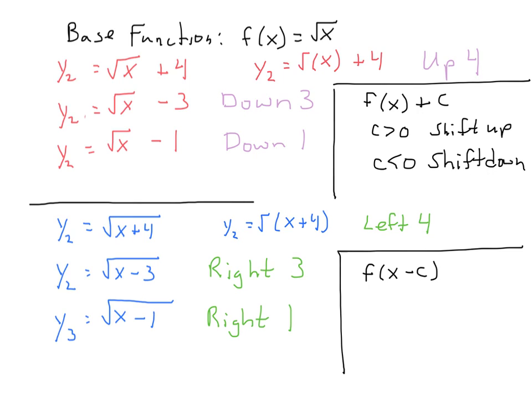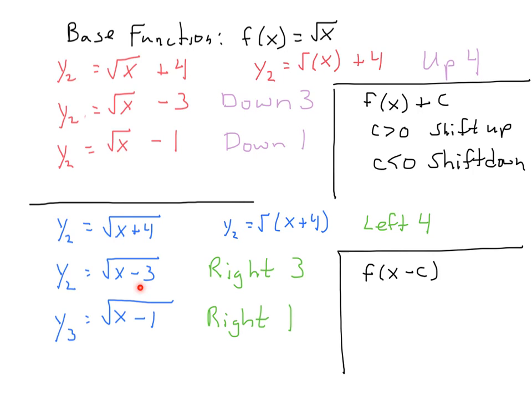Now, you'll notice with the horizontal shifts that I have it as f of x minus c. You have to keep that in mind, because when I had x minus 3, that would mean that c itself is a positive number. That's why, when c is positive, we want to think of it as shifting to the right.